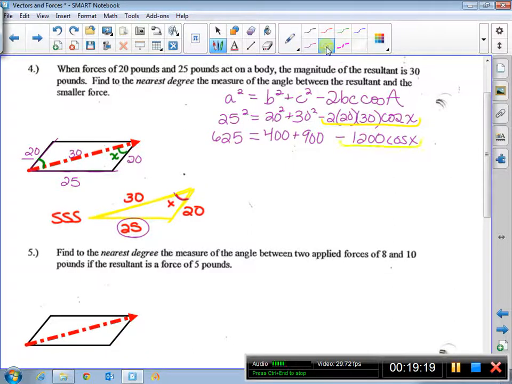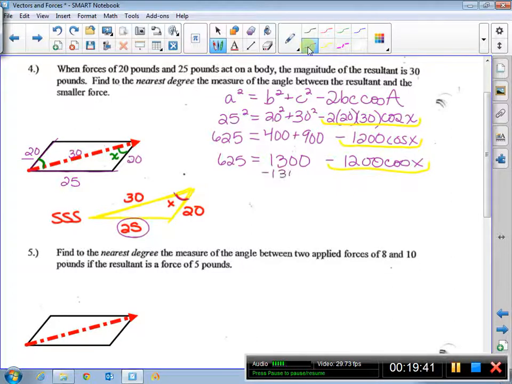But leave this term alone. Block it off. So it's 625 equals, I hope you're a step ahead of me. Pause the video if you're not. Get a step ahead of me. Don't touch 1200.